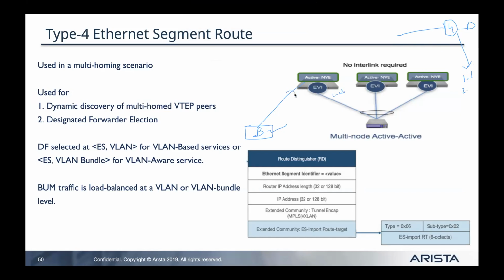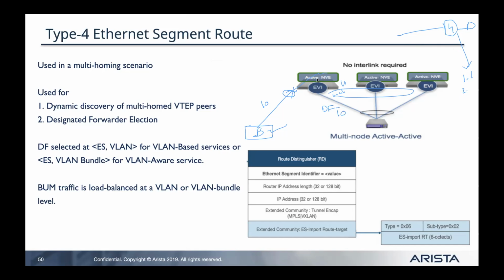Now for this port channel, basically, this is an orphan port, there is no port channel. You know that the DF is only for this particular port channel 10. Other than that, if this packet has to go out, say this is also VLAN 10, this is also VLAN 10, this port channel also.